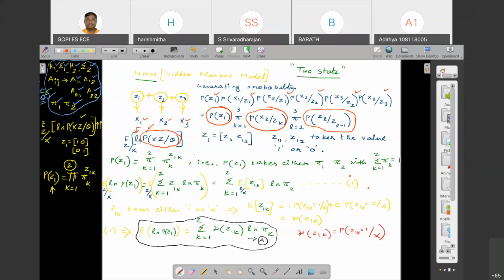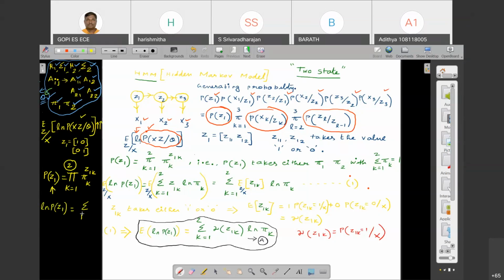Again, we have a product in this. So if I take the logarithm of the first term, which is what I am considering, the product will now become a summation.